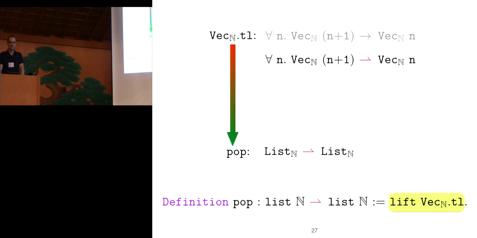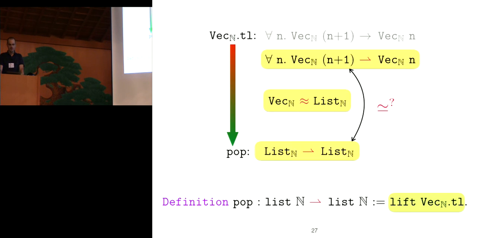What this does is that it first takes the source type and brings it into the monadic setting, and then looks for an instance that would allow it to establish the equivalence. In that case, it finds the equivalence between vectors and lists, and this is exactly the dependent equivalence that we're interested in, so it works out of the box.